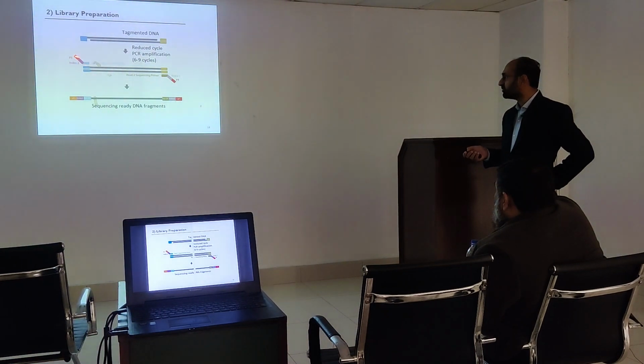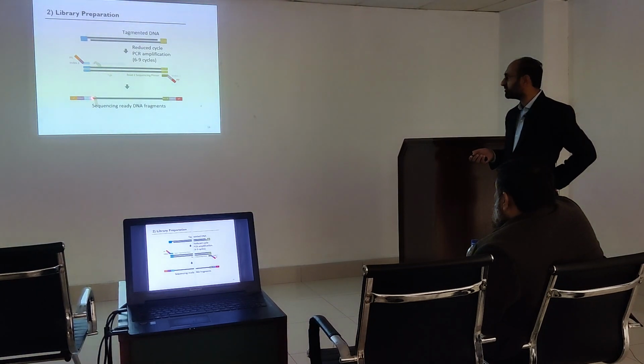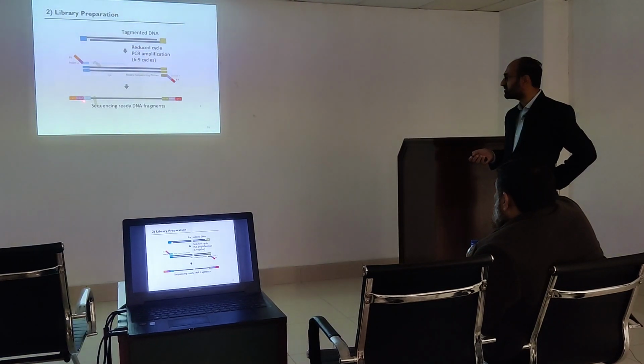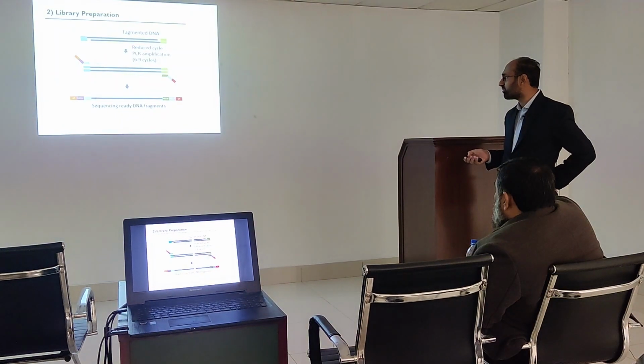After using these indexes, we amplify these unknown fragments. At the end of amplification, the fragments come into this format. This is the adapter sequence which we added earlier, this is the index sequence, and this is P5 and this is P7. So all the fragmented DNA now come in this format.